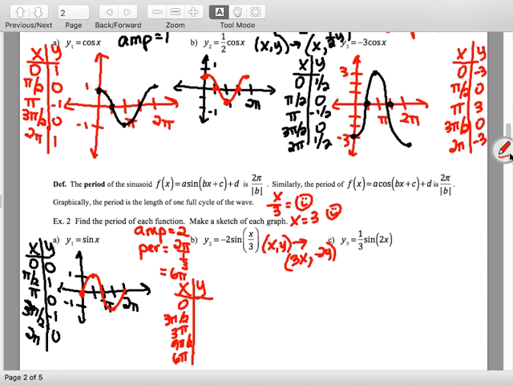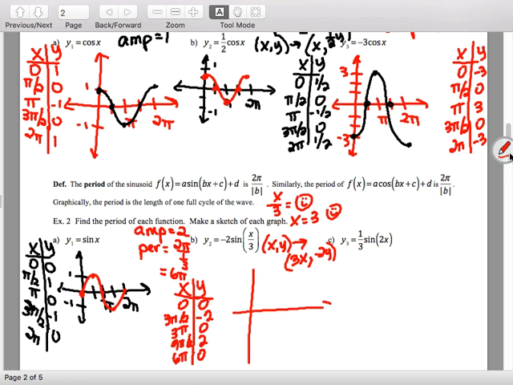So again, my mapping notation tells me how to get the points. So I took every x value of my parent function and multiplied by 3, and now I'm going to take the y values and multiply by negative 2. So that's 0, negative 2, 0, positive 2, 0.